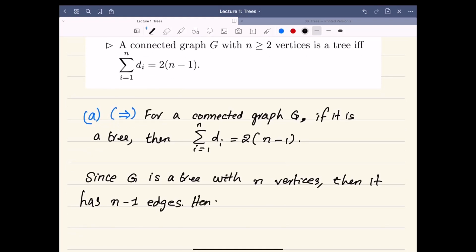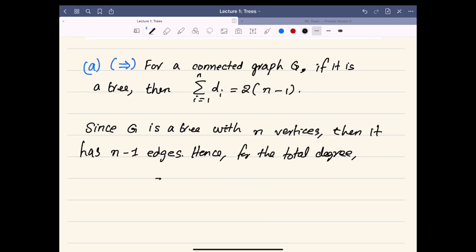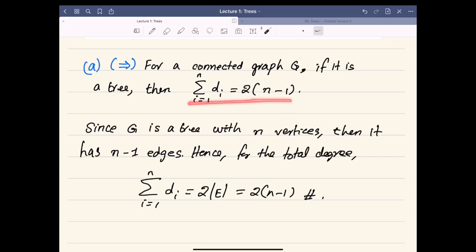Hence, for the total degrees, let us write the equation, summation i goes from 1 to n, di is twice the number of edges, which is equal to 2 times n minus 1, and this gives us the result of the right hand side of the statement, because this is if and then. So if it is a tree, we have found this equation.